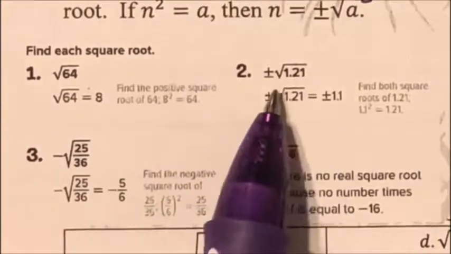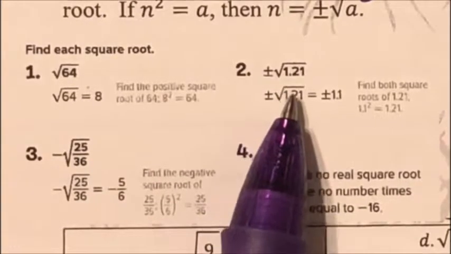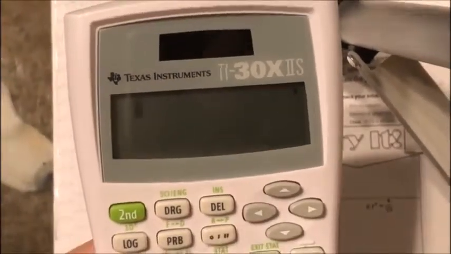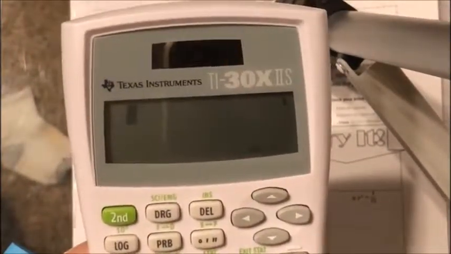Okay? For number 2, I have plus or minus the square root of 1.21. So I need to find what times what gives me 1.21. So what I can do is I can actually take my calculator. Let me zoom out so you can see a little bit better. Okay? So this is my calculator here, right?